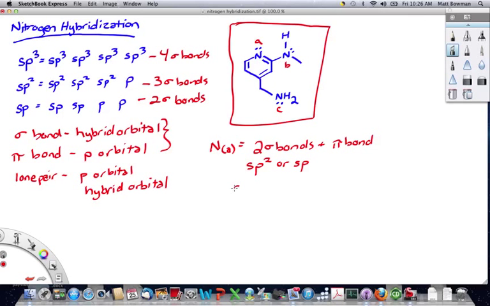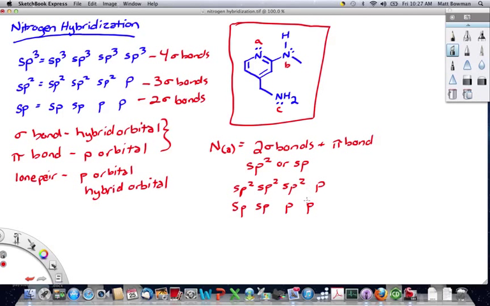Because sp2 hybridized has 3 sp2 orbitals, 2 of them can be taken in place of the 2 sigma bonds, and then it has a p orbital for the pi bond. Or if it's sp hybridized, the 2 sigma bonds take the 2 hybrid orbitals, the pi bond takes a p orbital, and then the lone pair takes the remaining p orbital.